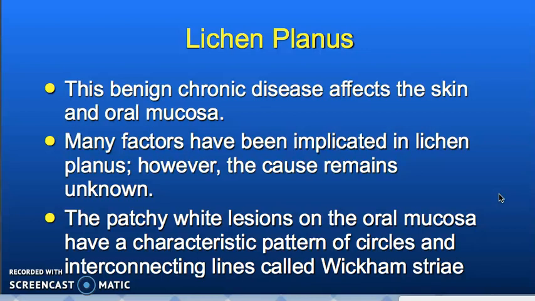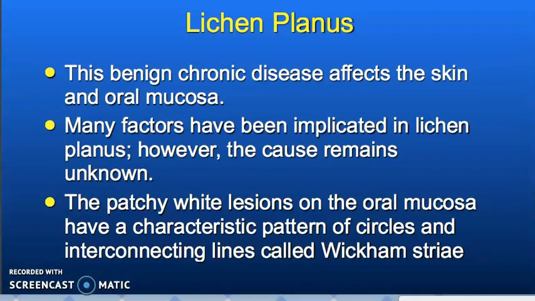But it's usually patchy again. White lesions of the oral mucosa have a characteristic pattern of circles and interconnecting lines. So this pattern is called the Wickham striate. So circles and interconnecting lines going through it. It looks different than leukoplakia.